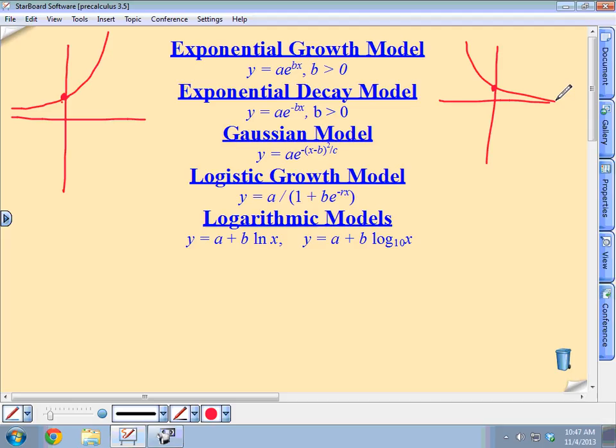For an exponential decay model, I think that actually bald eagles are back on the rise now, but for a long time, bald eagles were on the endangered species list. There was less and less every year. We were losing them exponentially because people would hunt them for their feathers and to stuff them and all the crazy things people do. And so, for a long time, ecologists used the exponential decay model to model how many bald eagles would be left 20 years from now, 30 years from now.